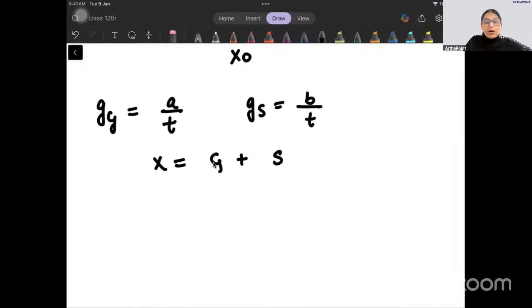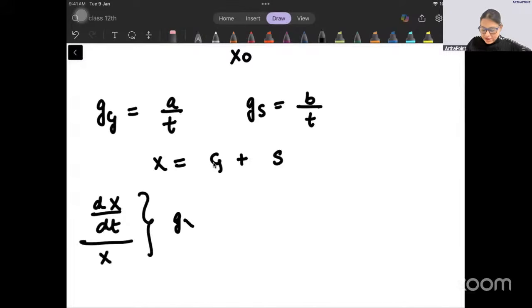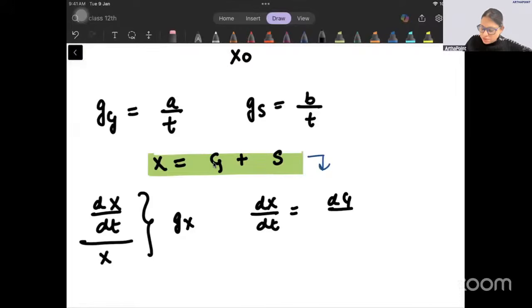Now when we want to find the growth rate of export, it will be dx by dt upon x. ये है growth rate of export. ये value मुझे निकालना है, right? So first, I will differentiate this function with respect to t. So I will get dx by dt is equal to dg by dt plus ds by dt.